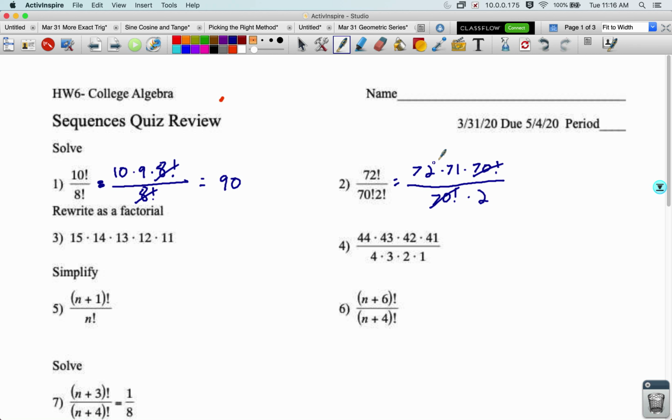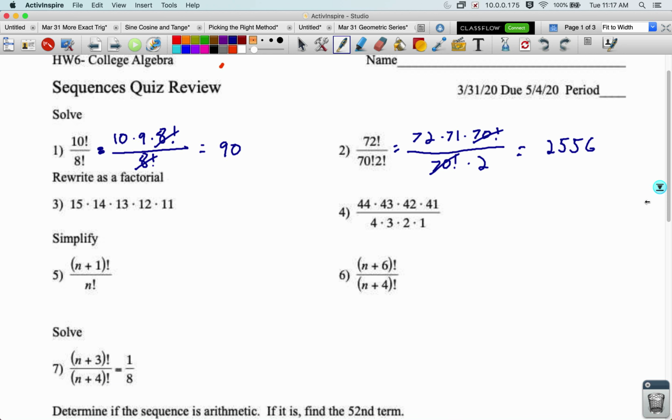And now we've got 72 times 71 divided by 2. I do need a calculator for that, but it's quite a bit easier to plug in to get 2,556.